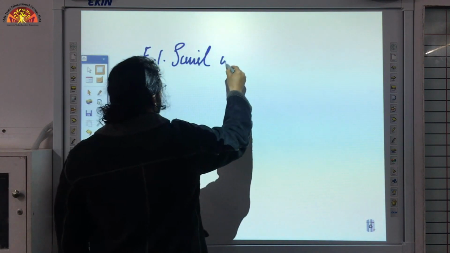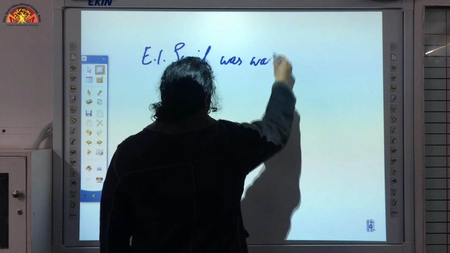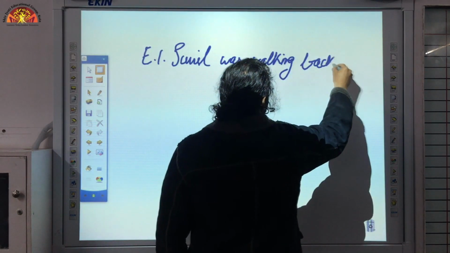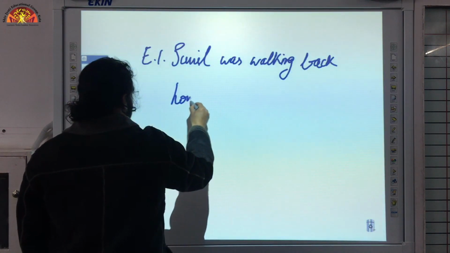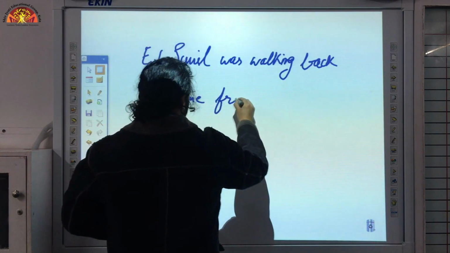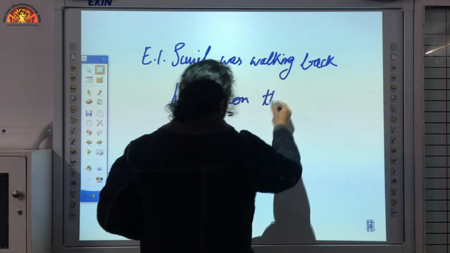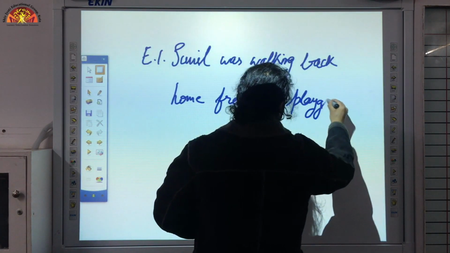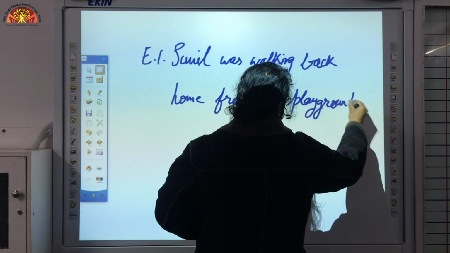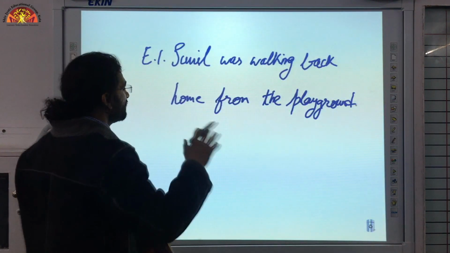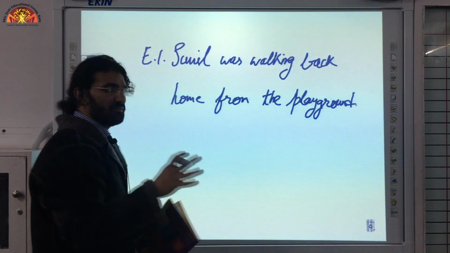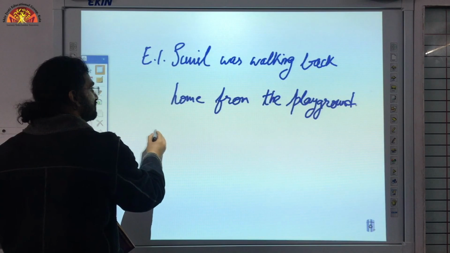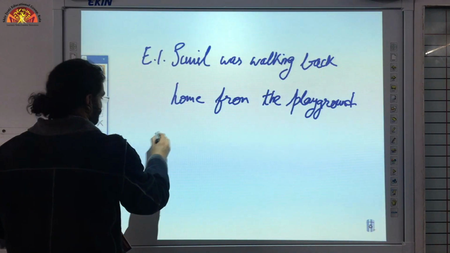In the answer we are going to write Sunil was walking back home from the playground. Sunil was walking back home from the playground. Now it's of past continuous tense. Before it was of present continuous tense, when it was like this: Sunil is walking back from the playground.